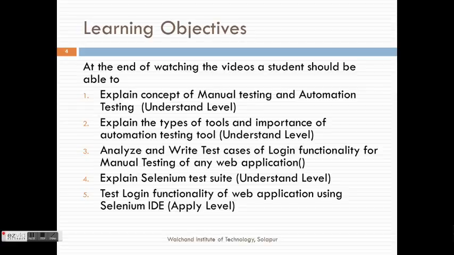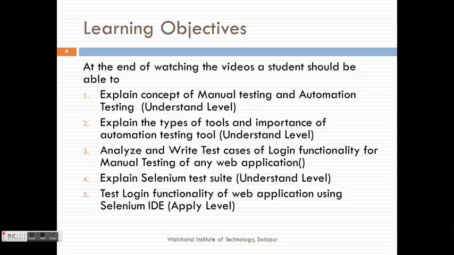The objective of the content delivered through video is to develop an ability in a student to explain manual testing and automation testing, which is at the understand level of Bloom's taxonomy. We want students to be able to explain the types of tools and the importance of automation testing tools.